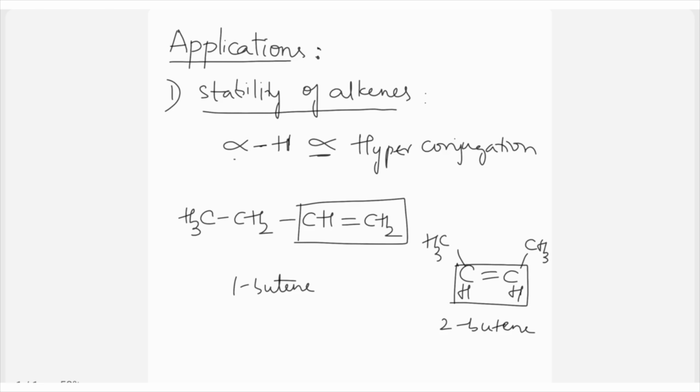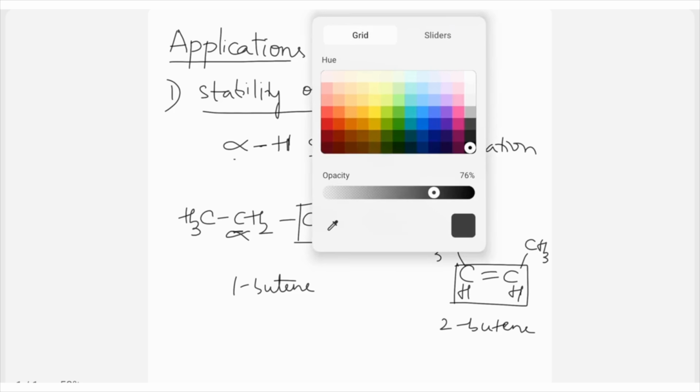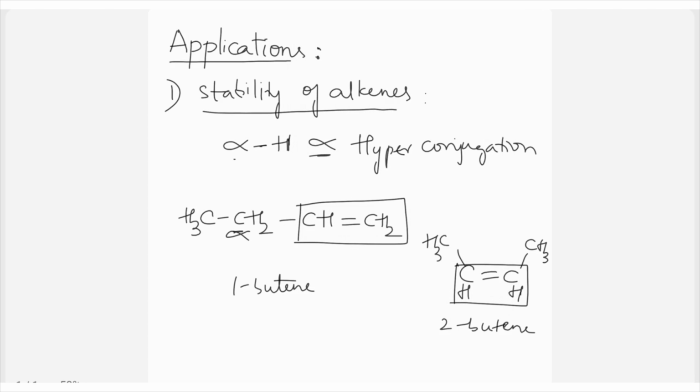Now we need to look at the alpha. Whatever carbon is directly attached to the double bond, that is your alpha carbon. So here we have one alpha carbon. I'll change the color. So this is your alpha carbon, and for this double bonded system we have 2 alpha carbons. So this alpha carbon has 2 alpha hydrogens.